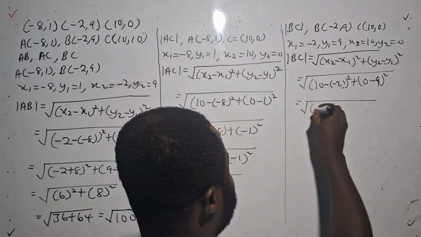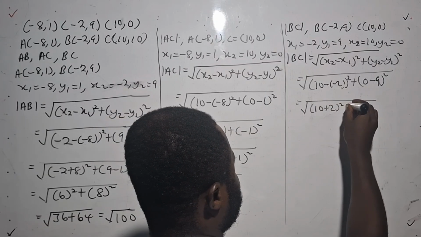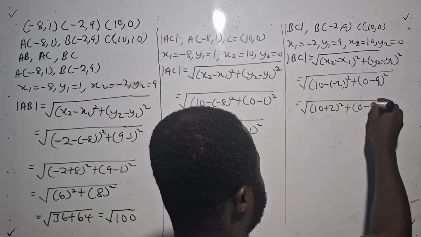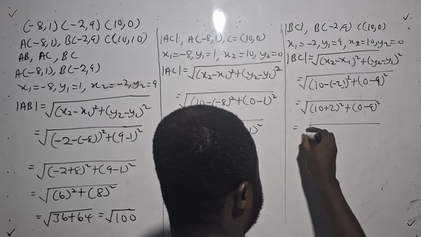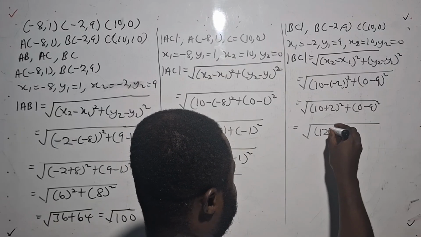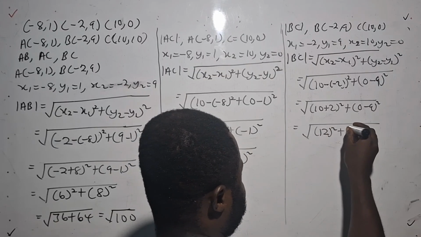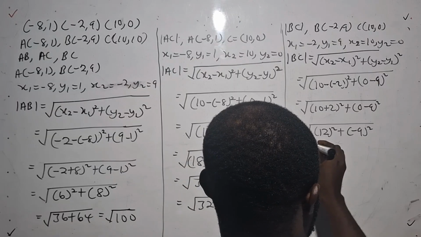So this one will give us 10 plus 2 squared, then 0 minus 9 squared. So 10 plus 2 gives us 12 squared plus negative 9 squared.